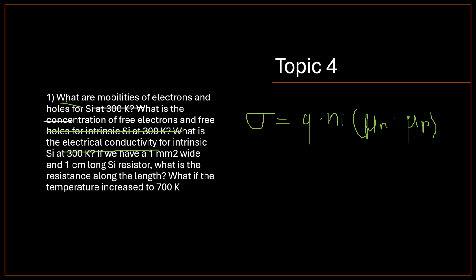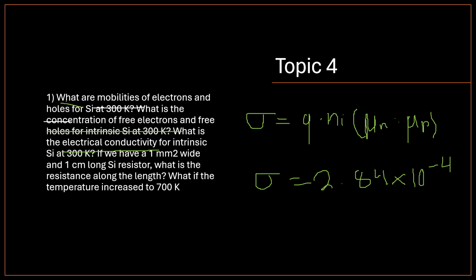So when we plug all of that into our formula, that gives us 2.84 times 10 to the negative 4th. So our electrical conductivity would be 2.84 times 10 to the negative 4th.